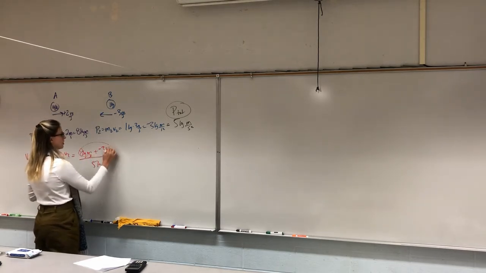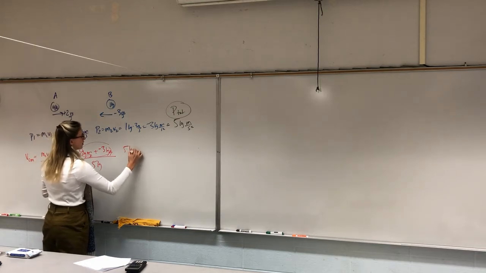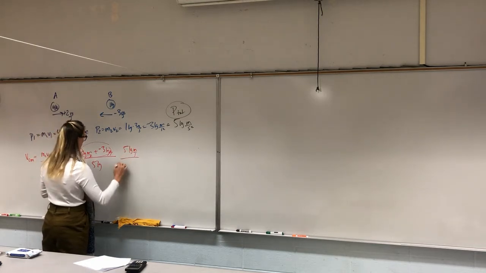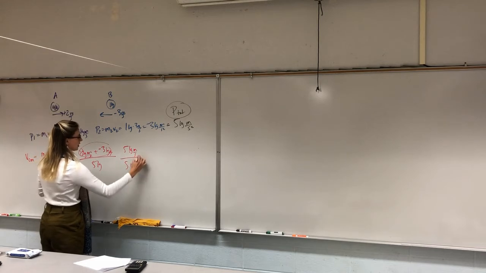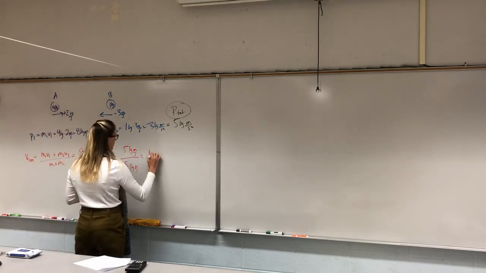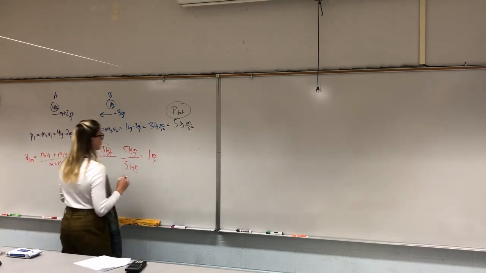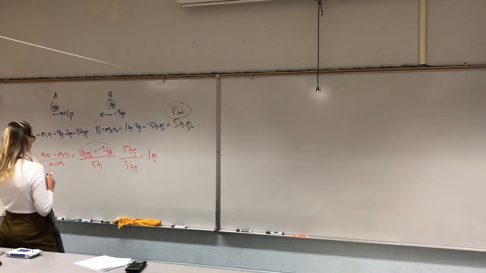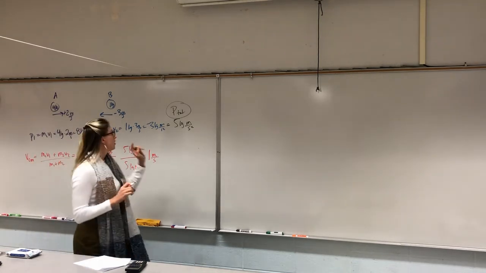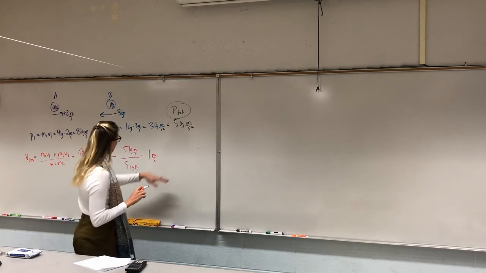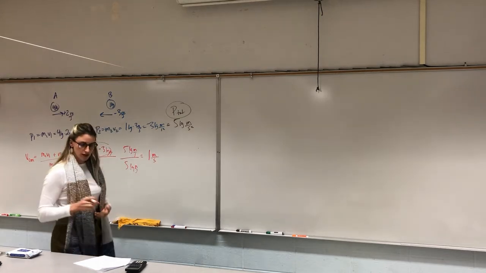So this whole top thing is 5 kilogram meters per second over 5 kilograms. That gets me 1 meter per second. Okay, so the velocity of my center of mass is 1 meter per second. So this was A right here, this was B. I jumped the gun on that, sorry.